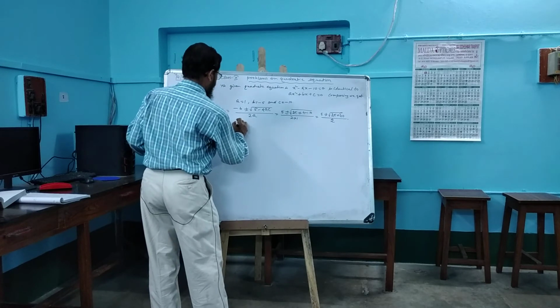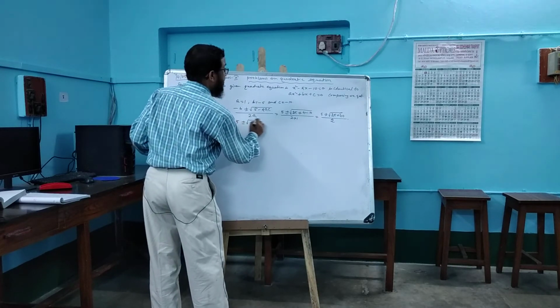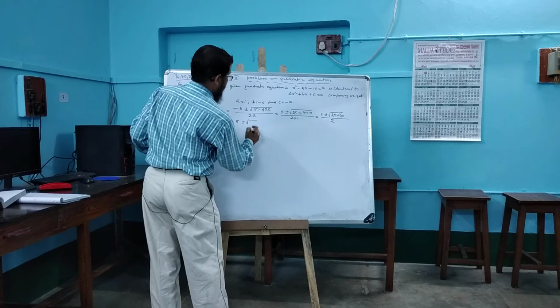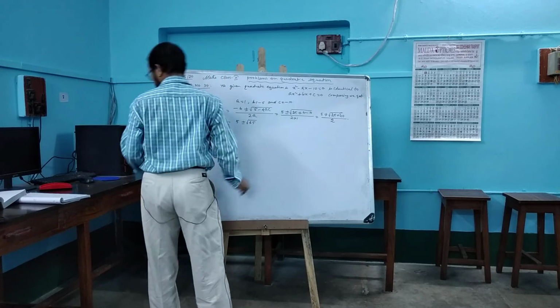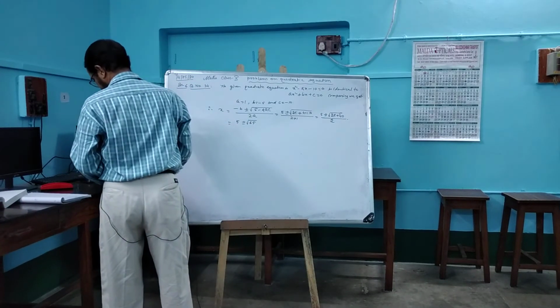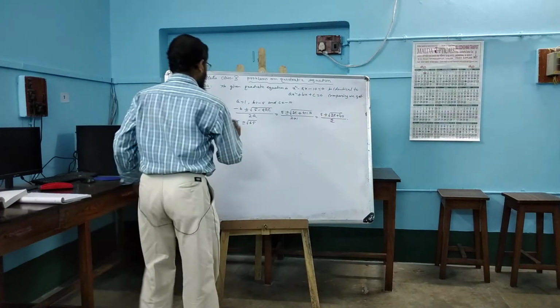This equal to 5 plus minus root over 65 by 2.